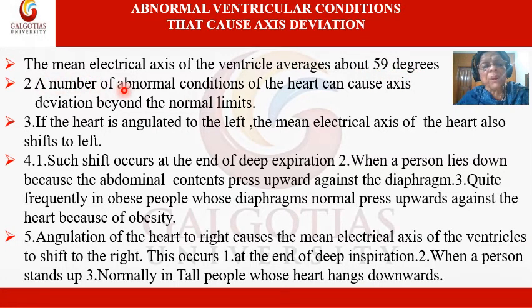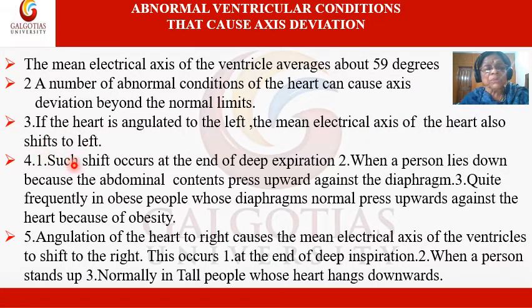A number of abnormal conditions of the heart can cause axis deviation beyond the normal limits. If the heart is angulated to the left, the mean electrical axis of the heart also shifts to the left.